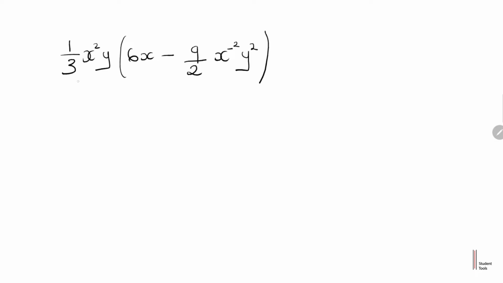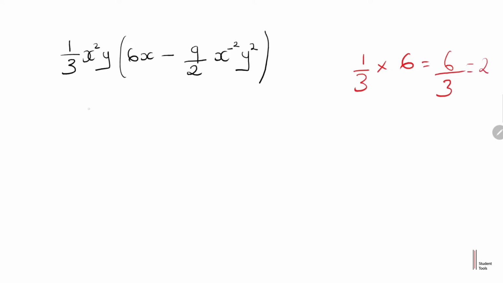So we will first multiply 1 over 3x squared y with the 6x. First we will multiply the coefficients, which is 1 over 3 and the 6. 1 over 3 multiplied by 6 is equal to 6 over 3, and 6 over 3 is 2.